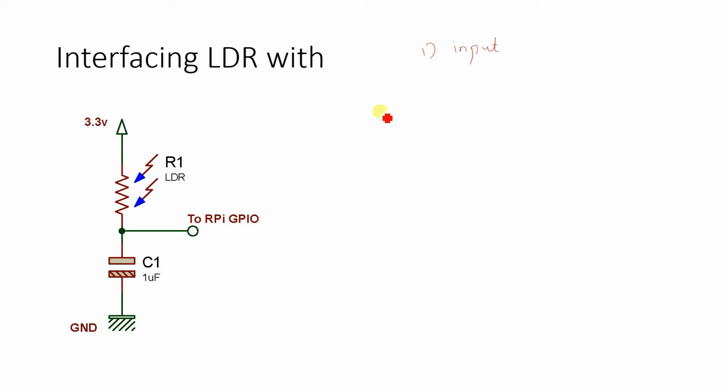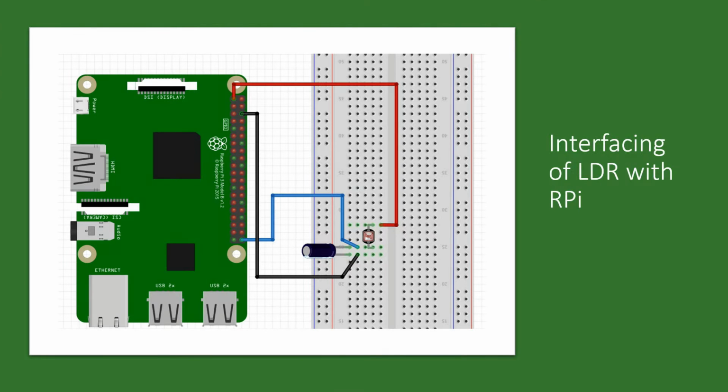We are going to write an algorithm where we can sense the voltage on this pin when it goes from 0 to 3.3 volt. As soon as it becomes 3.3 volt, we will read it as logic 1, and when it is 0 volt, we will read it as logic 0. This is how the interfacing is done.